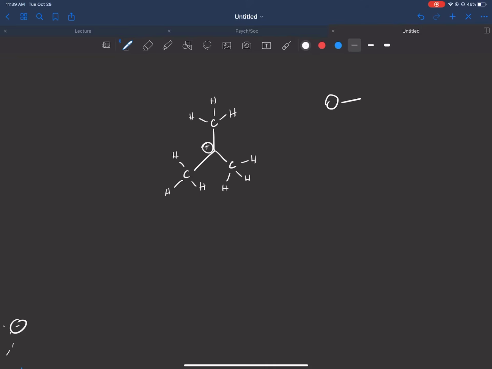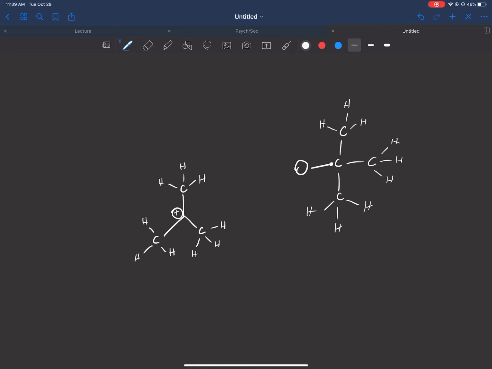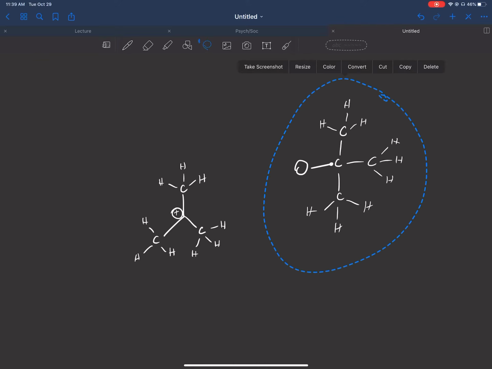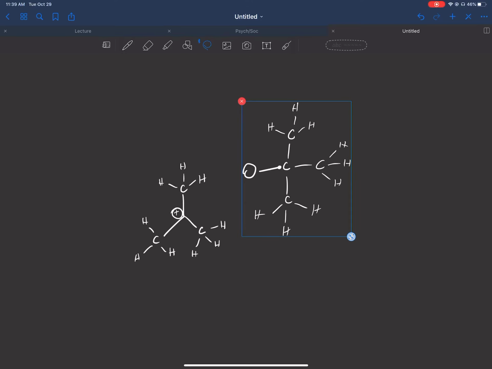So how would I draw this out? So here's our carbon, 1 methyl, 2 methyls, and a 3rd methyl, right? Now imagine trying to fit this guy into this. Oh, and I should give it a negative charge.